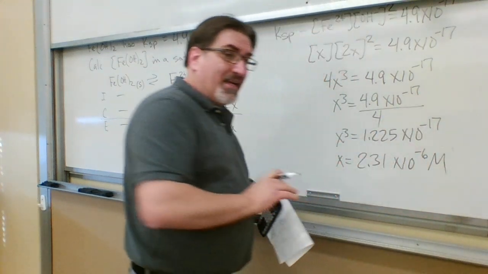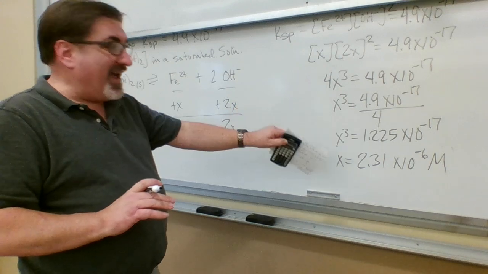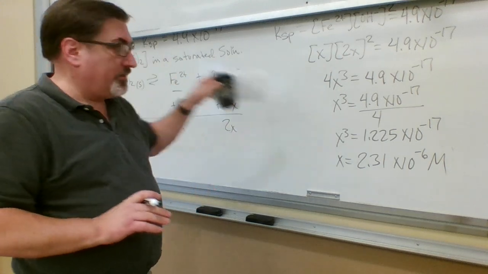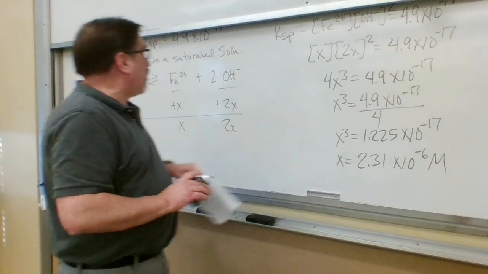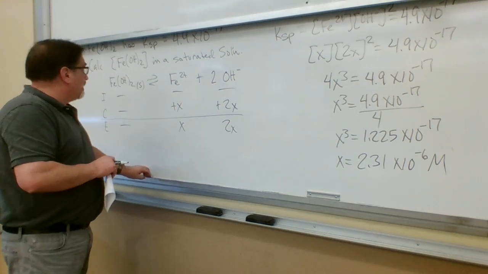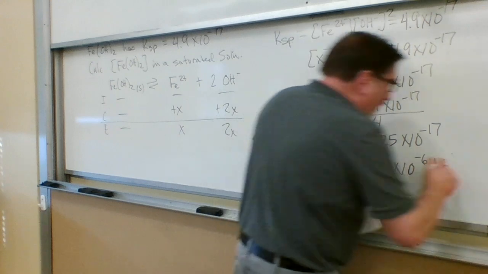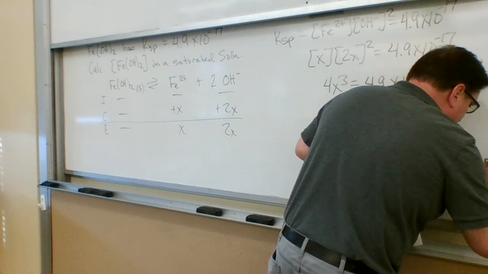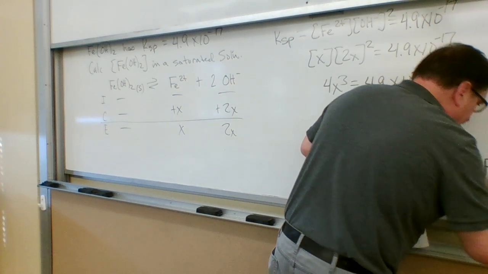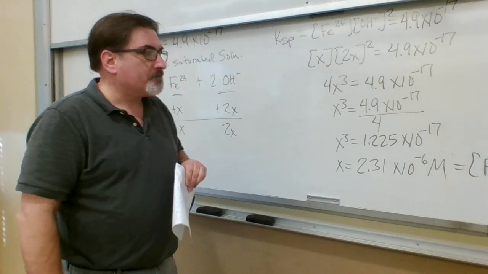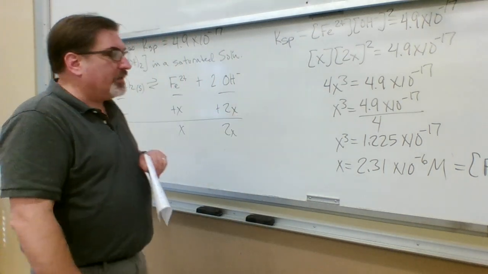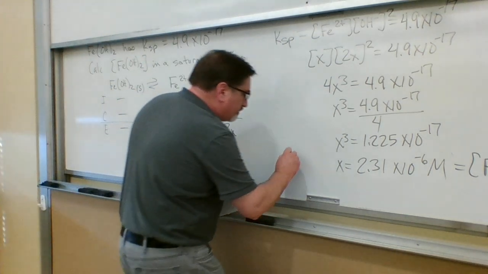So then at the end, we have to recognize whether X really is our concentration or not. Does X represent the molar solubility, the concentration of Fe(OH)2? X, we know from the ICE table, is a concentration of Fe2+. Sorry, I'm off the screen a little bit there. It's Fe2+.